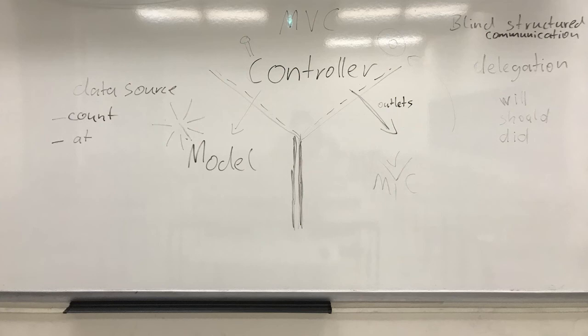So the month view might be a view controller inside, or an MVC inside an MVC. So you might have the year MVC talk to the month MVC. And if you're combining view controllers, the second view controller you can treat as a view. So that's one way how you can combine these.